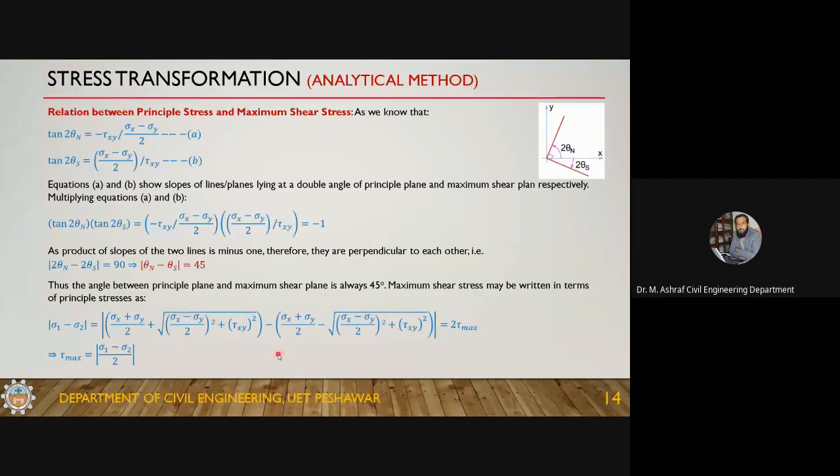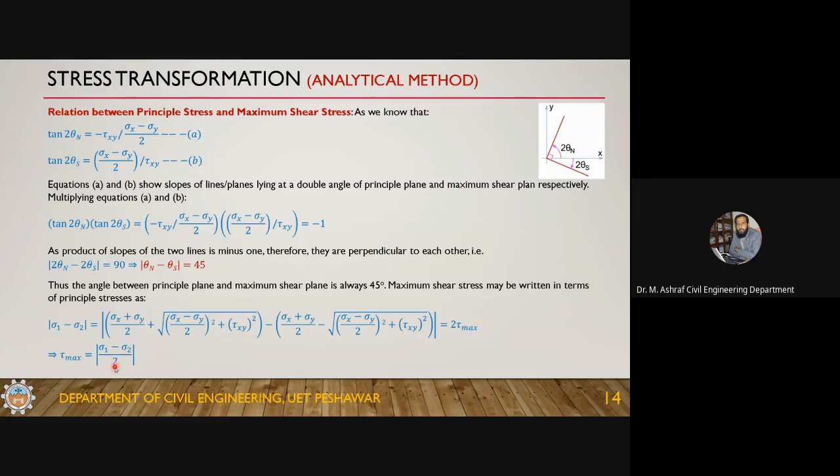This will cancel with this one and it will result in 2 times of this expression. ये क्या चीज है? This is tau maximum. ये पूरा sigma 1 है, but this expression is tau maximum. So this will cancel with this one, but this will become 2 times, so 2 times tau maximum. If you take the difference sigma 1 minus sigma 2, you will get 2 tau maximum. So tau maximum is sigma 1 minus sigma 2 by 2.